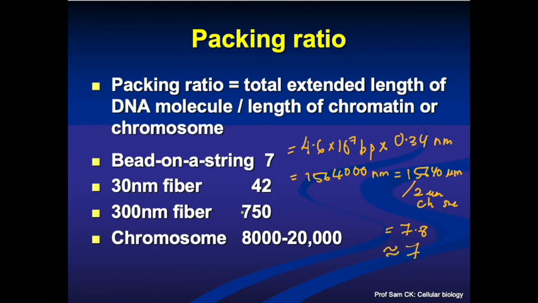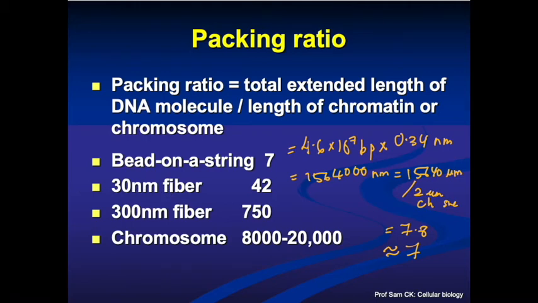And the next level would be the formation of the 30 nanometer fiber. The 30 nanometer fiber would have around 6 beads per turn, and it will give rise to a packing ratio of 42.